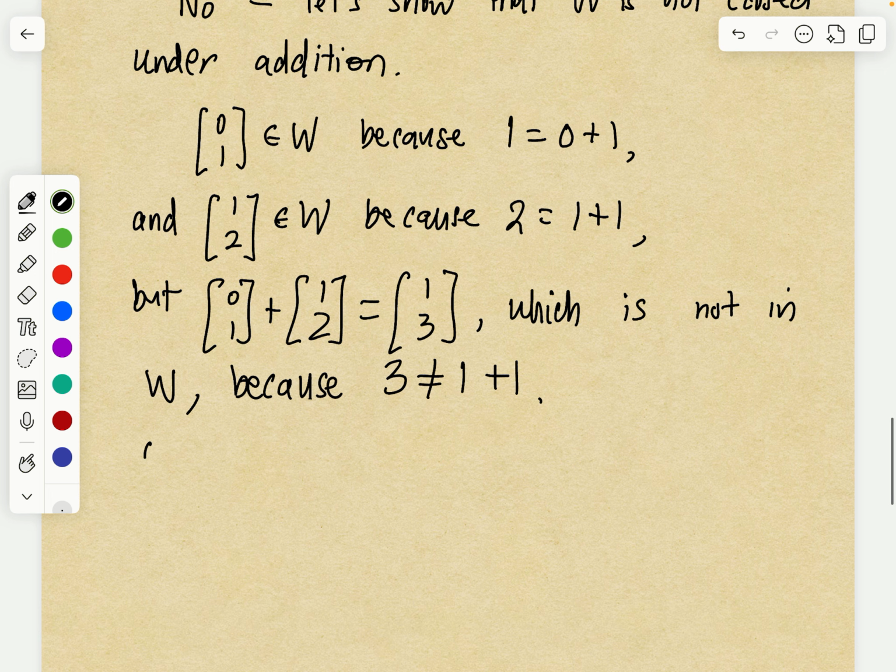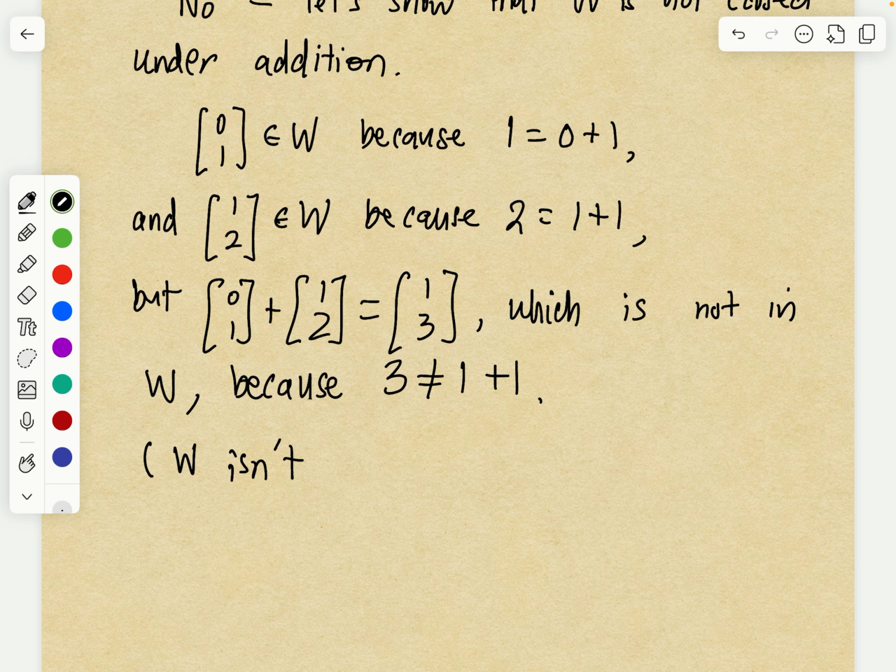And I'll let you check that W also isn't closed under scalar multiplication either. That's an aside. Since W is not closed under addition, it's certainly not a subspace, right? Subspace means it has to do all three things. It has to be non-empty, closed under vector addition, and closed under scalar multiplication. If you're not closed under addition, that's already one of the things.